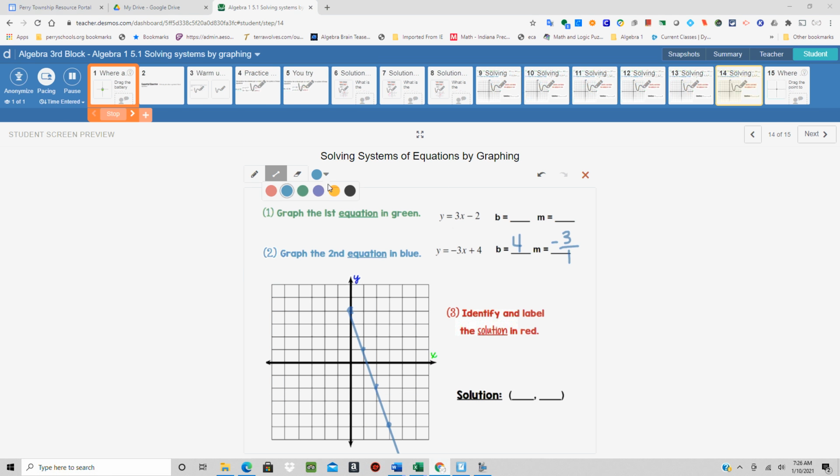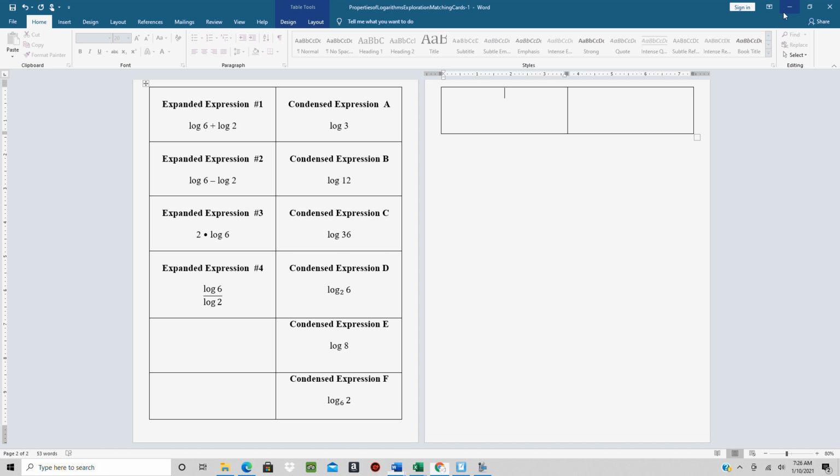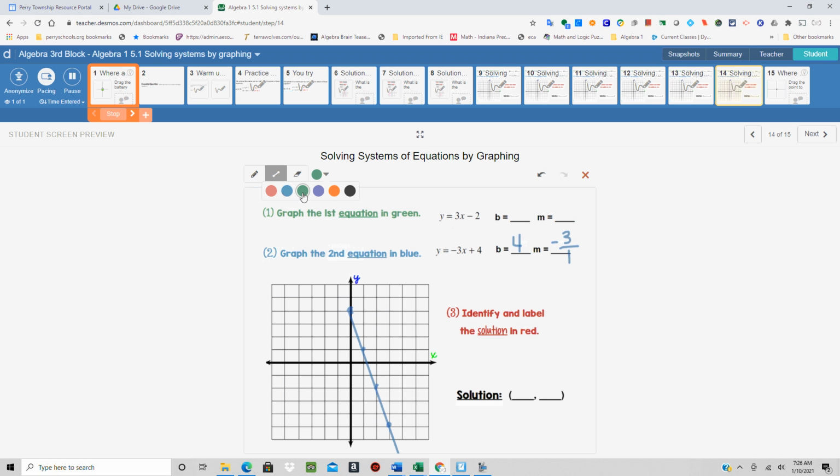Now let's do the next one in green. My y-intercept is negative 2. Obviously I'm starting to get tired of doing these.